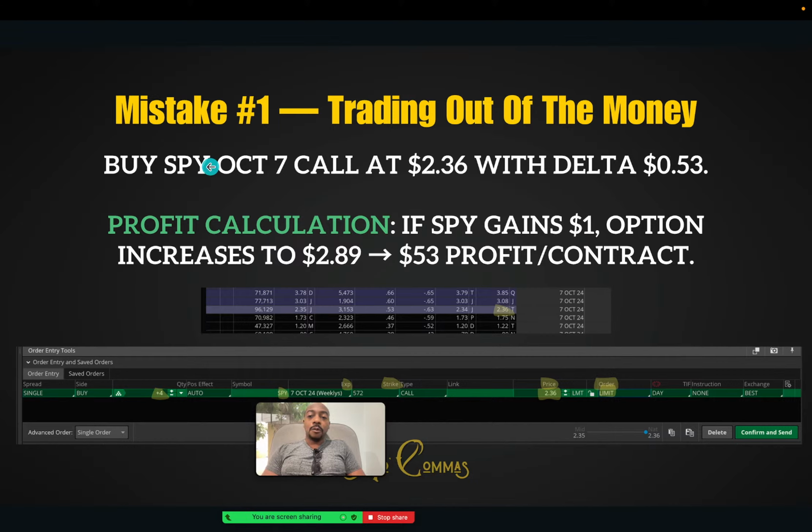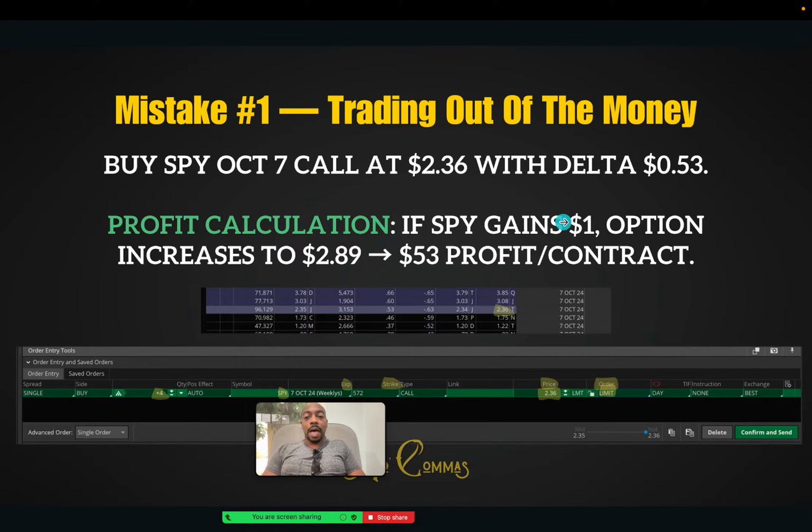So if I were to buy a SPY October 7th expiration date call at $2.36, which is here, with a delta of 53 cents, without taking in theta calculations and gamma calculations and more difficult stuff, just to keep it simple: if SPY gains a dollar, right?